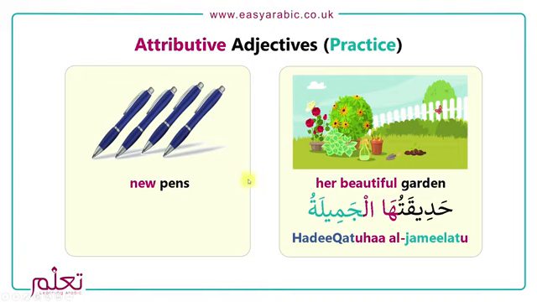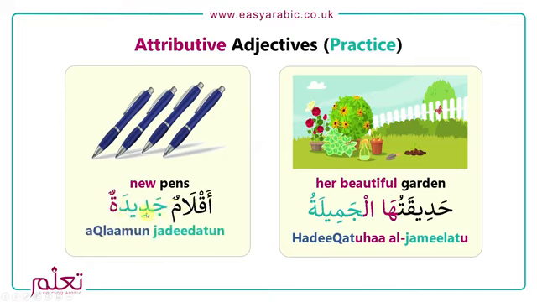Then we have new pens. The word for pen was qalam, and the plural is aqlamun, and then the adjective. So aqlamun, and do you remember the rule, the exception? Jadidatun, aqlamun jadidatun, because this is plural, non-human. So then we use feminine singular.